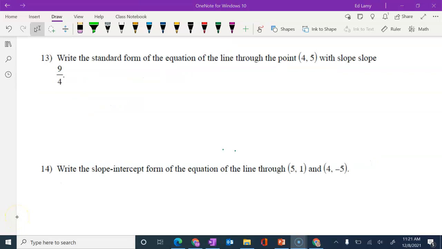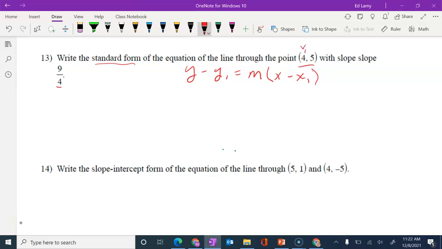14, we're given a point and a slope, but asked to write it in standard form. So there's no direct way to do that. We have to use what we have, which is point slope form. Form is y minus the y coordinate of the point we know is equal to the slope that we know times x minus the x coordinate of the point.